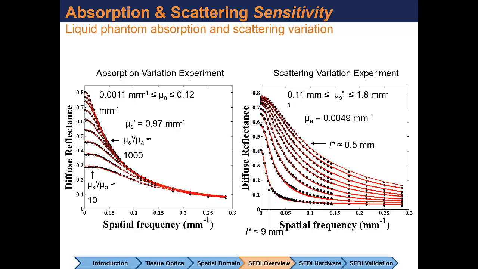When you vary the scattering but keep the absorption constant, you see something completely different. When you go from low to high, the overall reflectivity changes at all frequencies, broadband. So this difference in the contrast between absorption and scattering is fundamentally what allows us to separate those 2 chromophores.